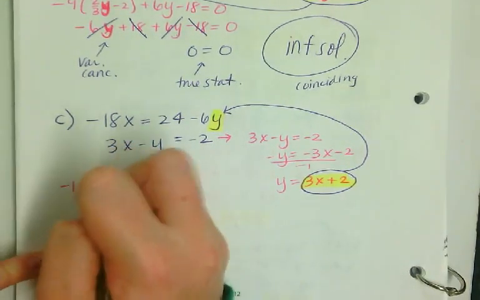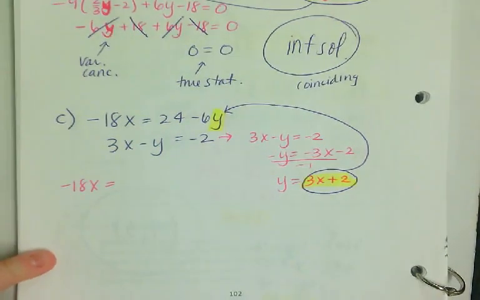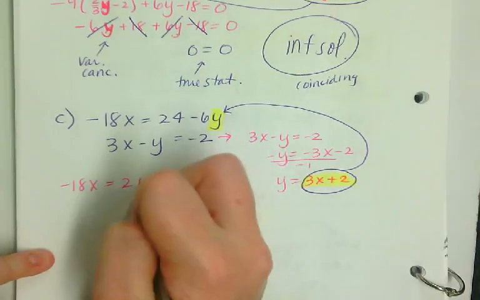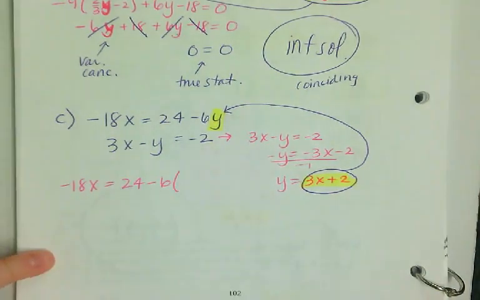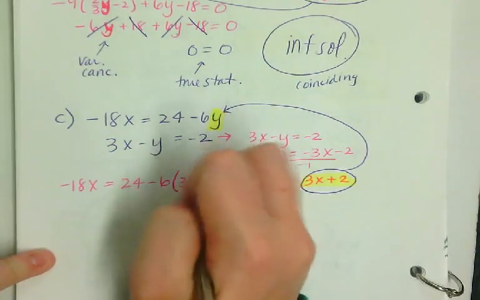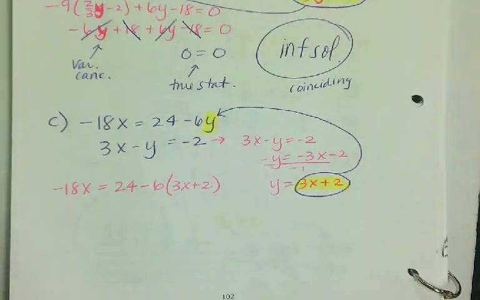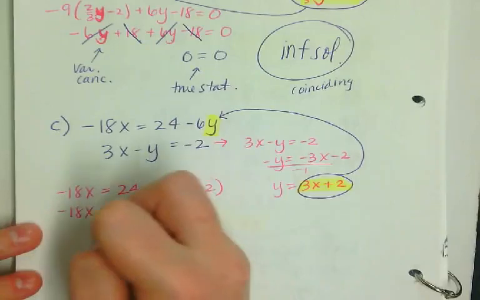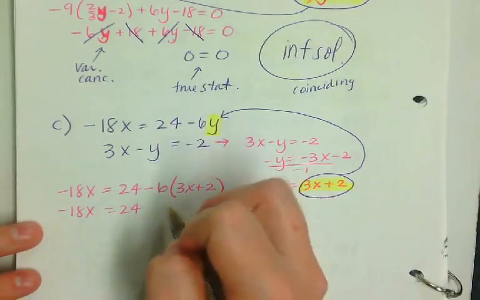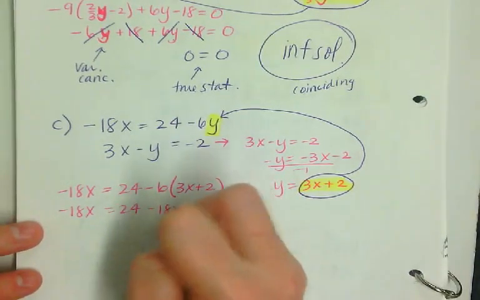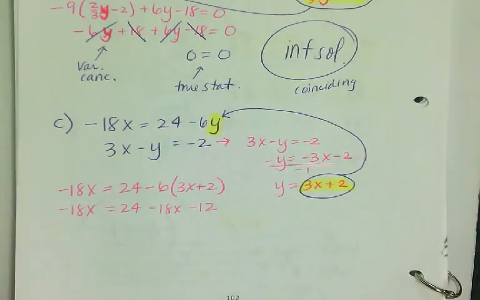And then I'm going to go solve for x. So negative 18x equals 24 minus 6, remember to use your distributive property, times 3x plus 2. So we will distribute the negative 6 to get negative 18x minus 12.